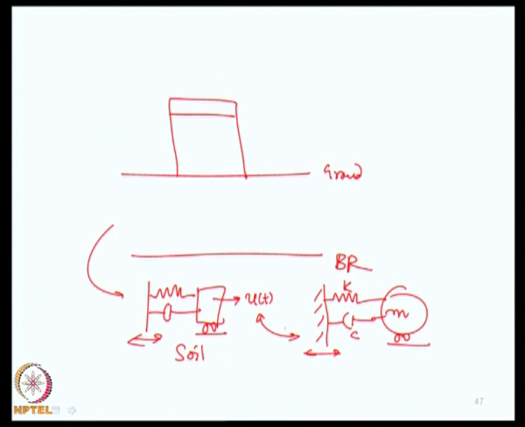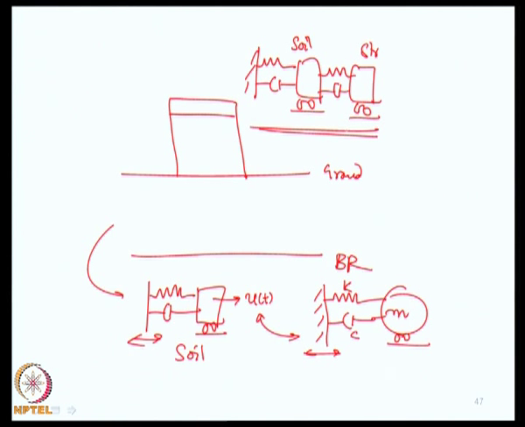We could as well make a 2 degree of freedom system. This is soil, this is structure. In this model we are allowing for possible interaction between structure and soil, whereas here we are ignoring that.